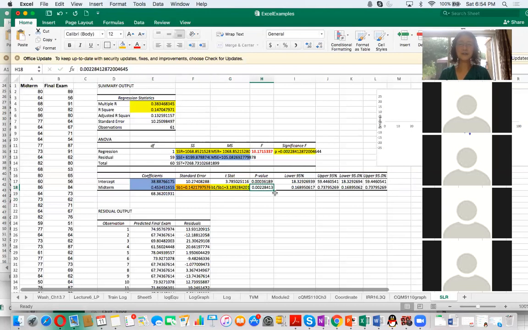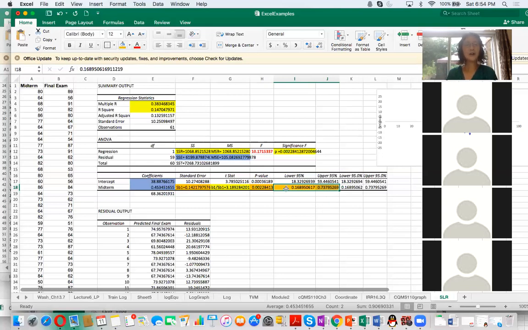Again, we have a p-value here. You also have the confidence interval estimate for the slope, with lower bound and upper bound. Any questions?